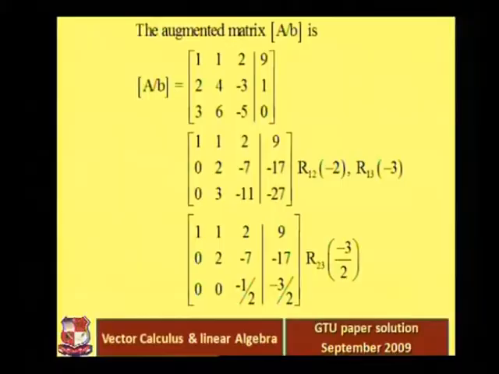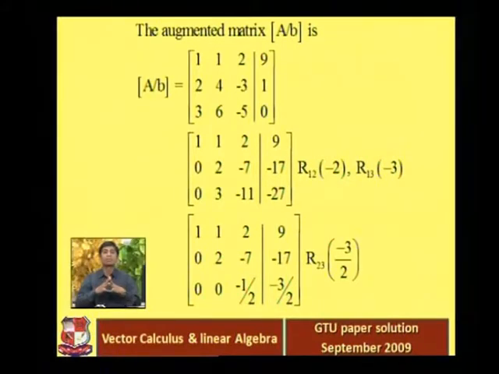The third condition is, if there is any zero row, then it should be at the bottom of the matrix. If these three conditions are satisfied, then we can say that the given matrix is in row echelon form. Now the next term is reduced row echelon form.